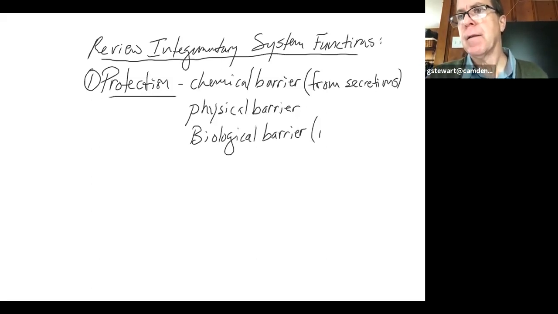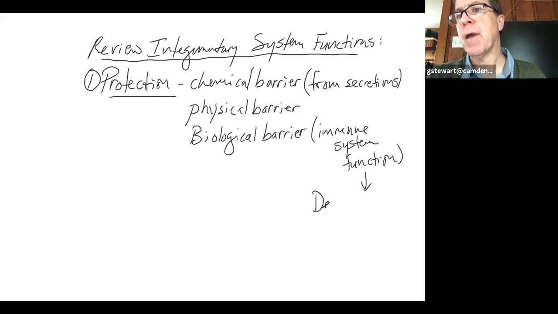I'm just going to write immune system function. And then I'm going to draw an arrow. Those dendritic cells that we mentioned the first day, those immune cells, help provide an immune type of function. So that was just a little more detail on protection.